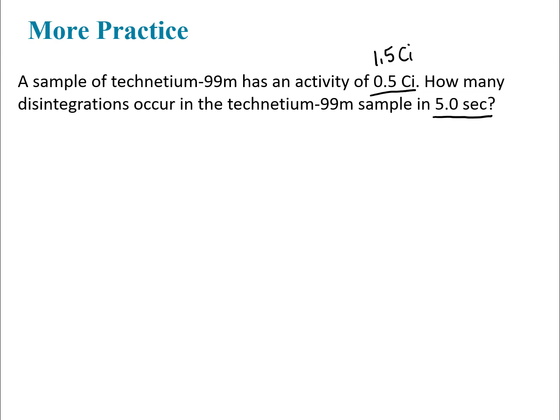If we have less activity, then we're going to have less or fewer disintegrations. So the number we get should be lower than the number we got for the previous problem. So let's just keep that in the back of our minds as we go through this.